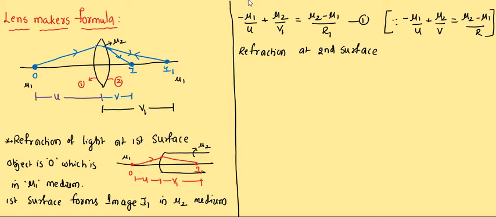For the second surface, object is I1, the image formed by the first surface, which is in Nu2 medium.